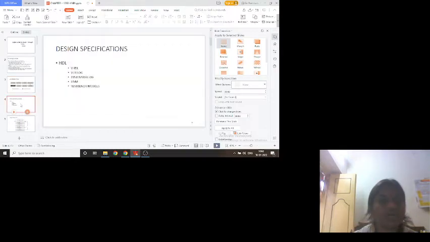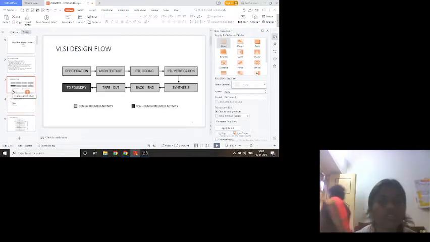Here, what are the design specifications? Now individually we will discuss the specification part. The specification of an IC that we have to design, or implement, or send to the foundry, will be represented by means of an RTL, or a hardware description language.